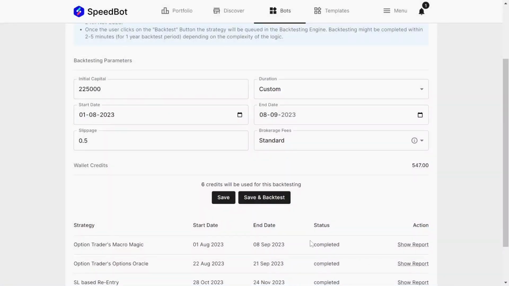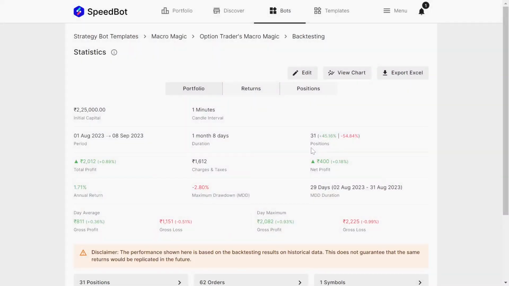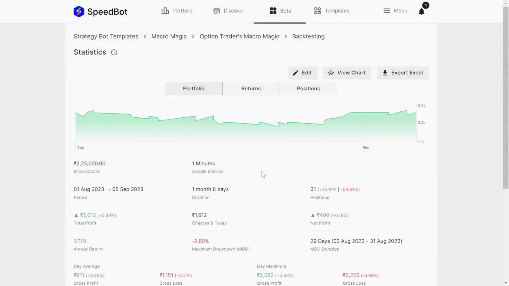as you can see, the state is completed for the backtesting that we have done. Now let us go to the report and assess how our strategy has performed. Okay, so the profit that was generated was around 2000 rupees, around 0.89% of the initial capital that we mentioned, and the backtesting period was from 1st of August 2023 till 8th of September, a duration of around 1 month.